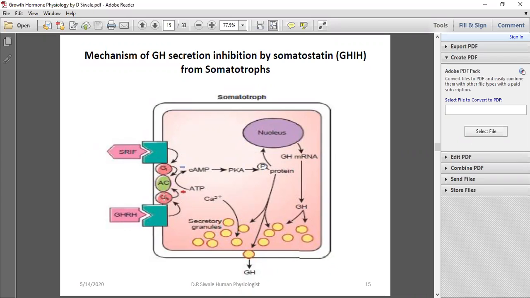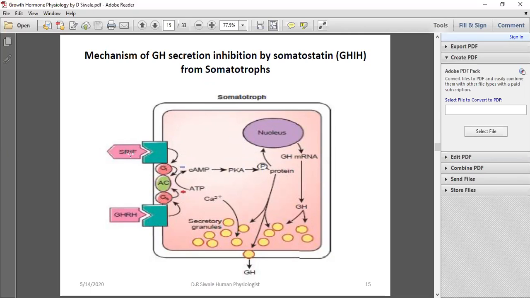Instead of activating the alpha subunit of the G protein, there will be no activation. Therefore there will be no conversion of ATP to cyclic AMP. It inhibits the activation of adenylyl cyclase. So here, let's not waste time. That's the mechanism.